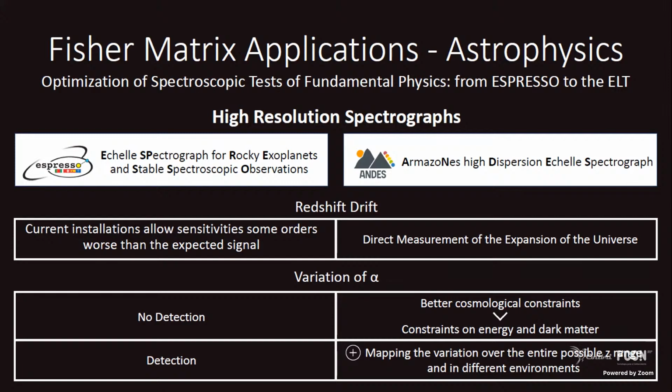ESPRESSO cannot detect the variation of alpha, and ANDES will get paracosmological constraints, which implies constraints on dark energy and dark matter. Or we can have the detection by ESPRESSO and ANDES, which, although doing the paracosmological constraints, will also map the variation over the entire possible redshift range in different environments.